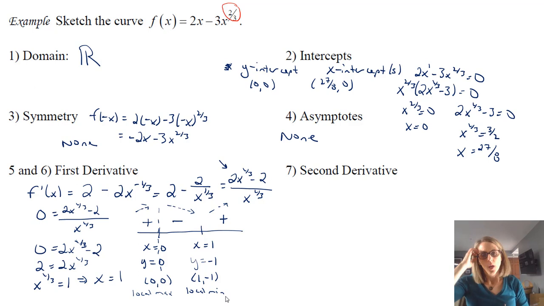Okay, and so now, because of increasing and decreasing, we think about the second derivative. If I was to do the second derivative, I really would just go from this version of my derivative. I wouldn't use the quotient rule when I don't have to. Writing it as a fraction just helps me to figure out what critical numbers I have.